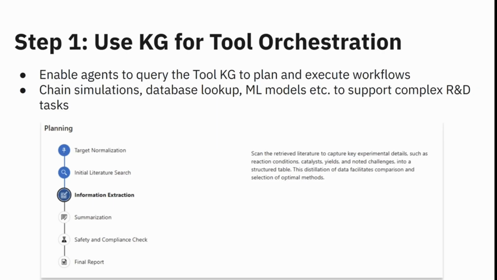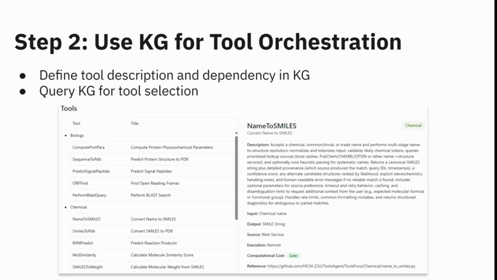Let's say you have a complex task that you want to break down into individual steps. We can use MarkLogic knowledge graph to help with that planning phase. The second step is tool orchestration. In our context, when we have lots of different cheminformatics tools, we can use knowledge graph here to select the right tool for different purposes.